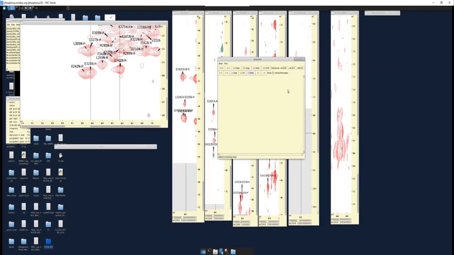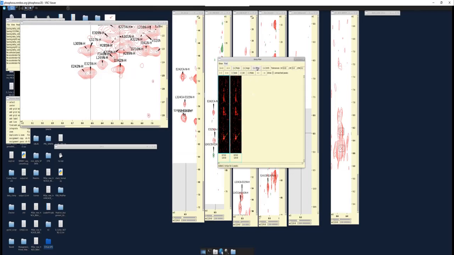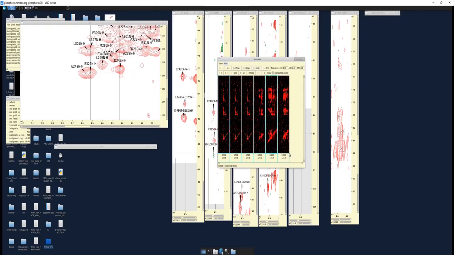And so to do this, you pick both of your peaks in your NOESY, and then you search your NOESY. So you do peak, and then match. And here we have a couple of potential matches. We have 3 matches.